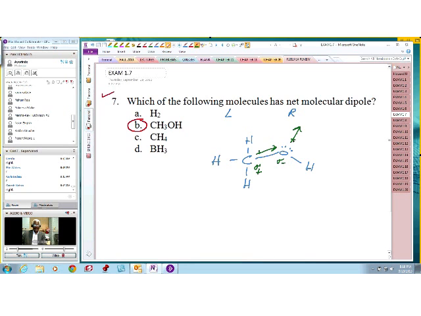So the answer to this is that this molecule will have a net molecular dipole because of the greater electronegativity of the oxygen relative to the carbon atom. Also, you notice here, in terms of the oxygen and hydrogen, the direction of the dipole will also be towards the oxygen. Okay, so let us continue.